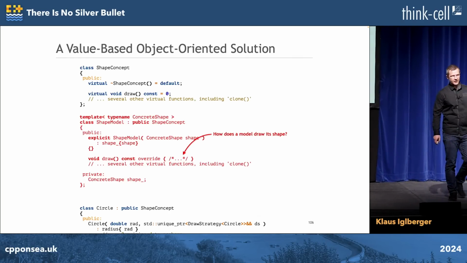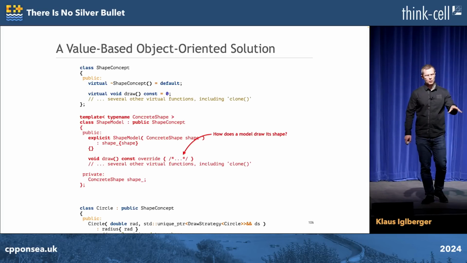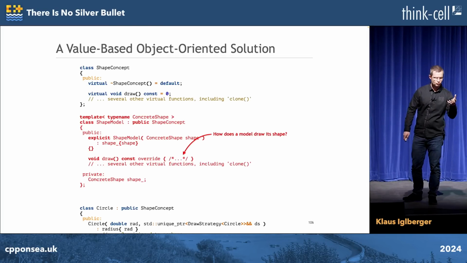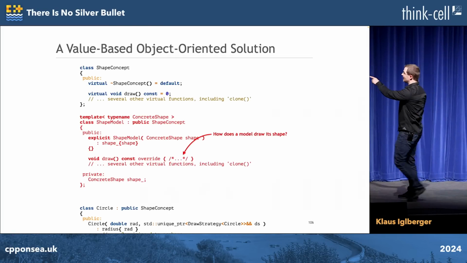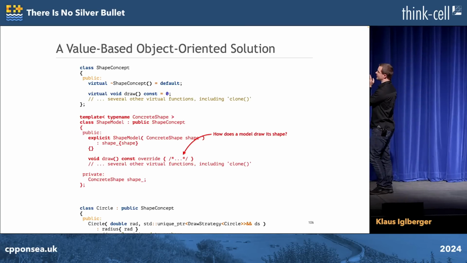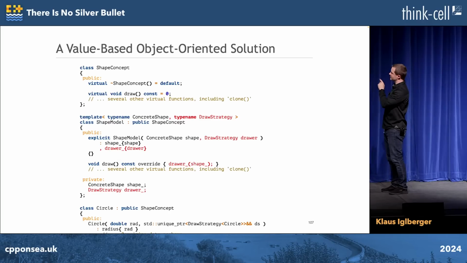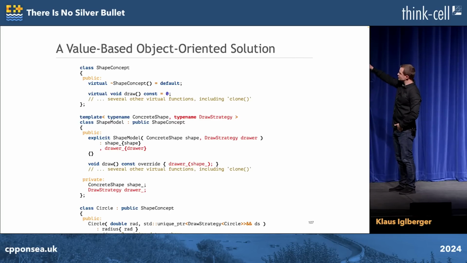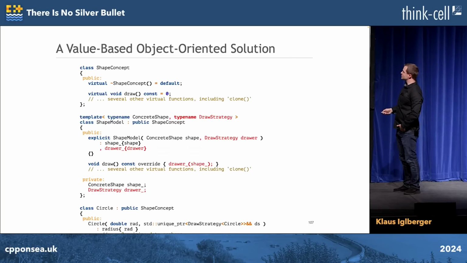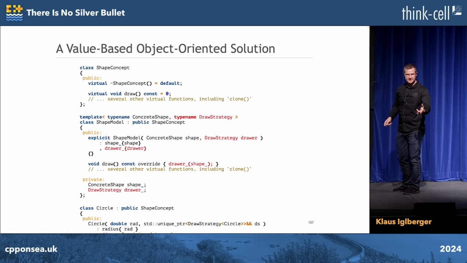Well, before we actually have factored this out, why not do this again by means of a strategy? But this time, because this class is a template anyway, we could just factor this in by means of a second template parameter, the draw strategy. So we're given a draw strategy, we initialize the data member, and now we know how to draw ourselves without having to know the details. Good.